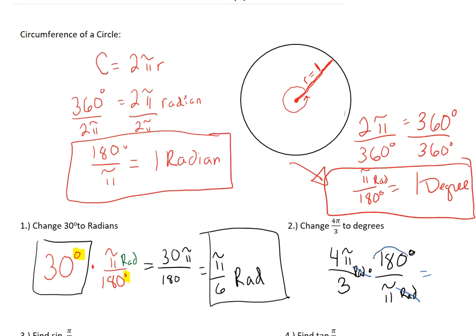I can simplify: 180 over 3 is 60, and the pi's cancel out as well. So 4 times 60 gives you 240 degrees. What this is saying is that 4 pi over 3 is equivalent to 240 degrees.